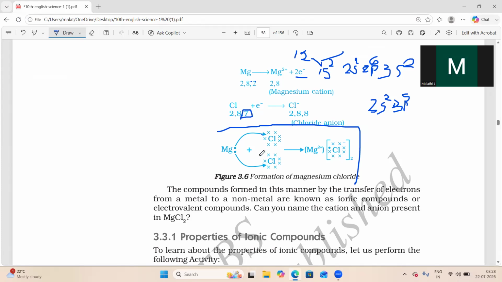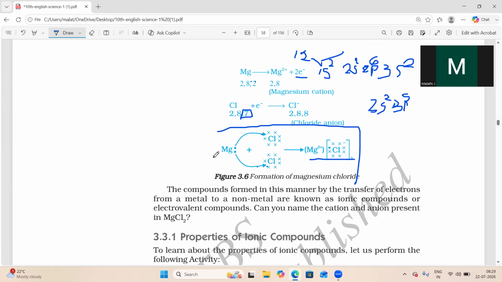So here we have magnesium with one more valency electron, so one more chlorine will come and gain that electron from magnesium, and it will become Mg2 plus and 2 Cl minus. That is MgCl2.